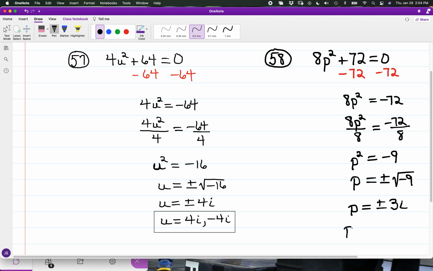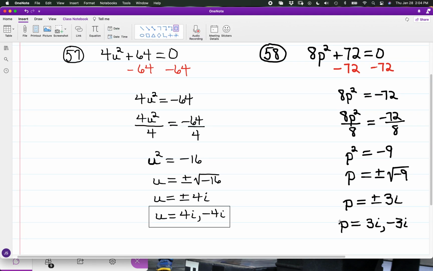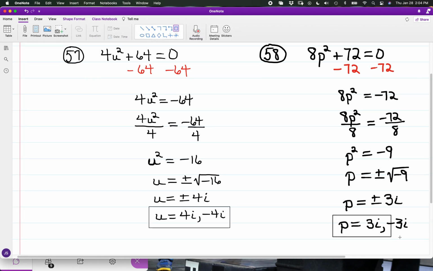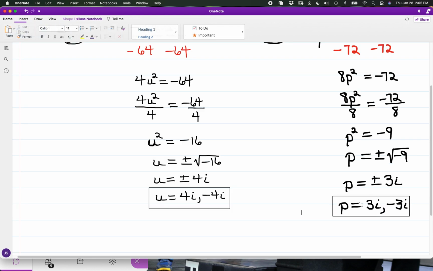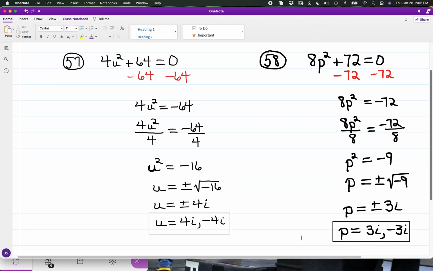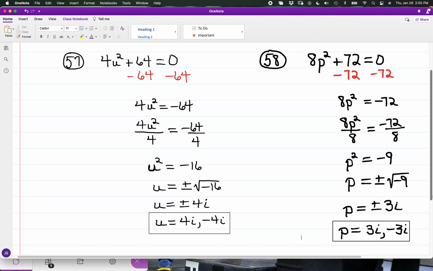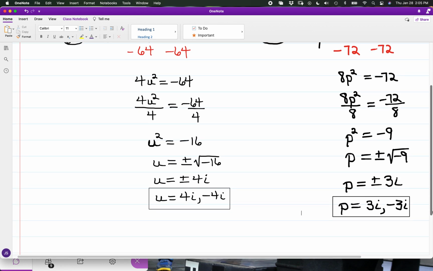And just like what we have with u, in p we have complex roots that are additive inverses of each other. So again, we have 3i and negative 3i. So with these quadratic equations, we had only one single variable term.